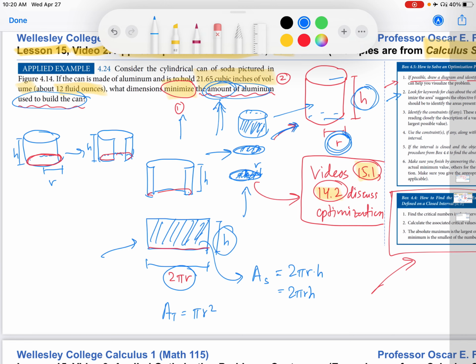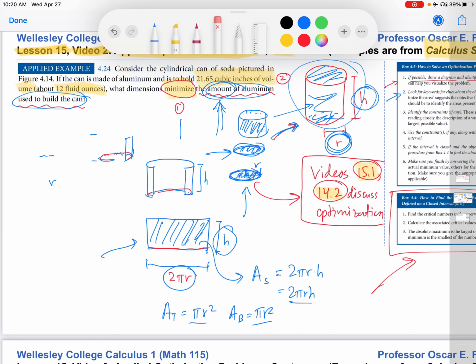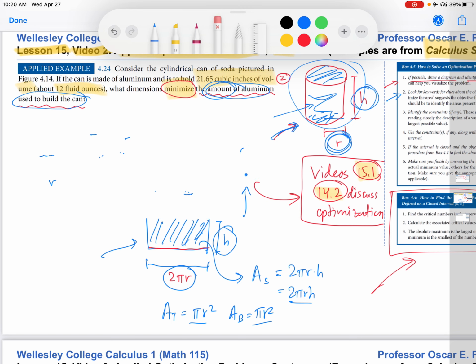And it's the same area on the top as it is on the bottom. So the area of the bottom is also pi r squared. So now I have 3 contributions to my total area for the cylinder: with a top, with a bottom, and with the sides. So I'm going to add those up, and that will make my objective function. That is how we are going to quantify the amount of aluminum used to build this can.